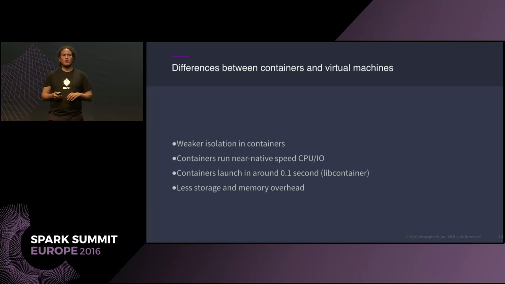If I do the same within a virtual machine, I just bring down the virtual machine. But on the other hand, containers have much faster near-native speed for both CPU and I/O, and the launch time is also much faster, as I'm simply starting a new process with some slight overhead. And also, I don't have the storage overhead for storing a separate operating system and running a separate operating system for each of my virtual machines.